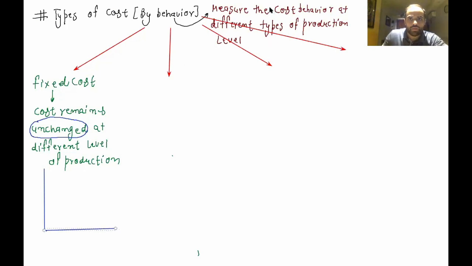So your fixed cost looks like this. That's your fixed cost. Again, on the x-axis you have quantity, and on the y-axis you have the dollar cost. That's the cost, and that's your zero here. You can have a look.